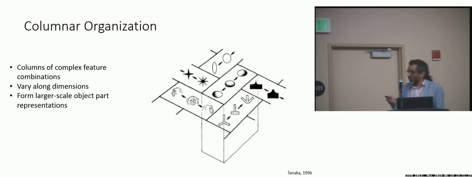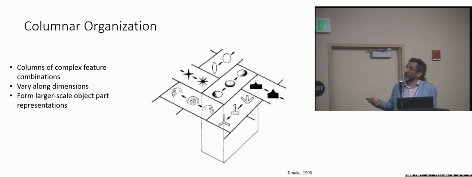We start off in IT Cortex with these columns. And a column represents an object. So in this case, it's a tri-armed object where each arm is equi-angled apart from each other. And so we've got a series of cells going all the way through that represent this type of object, and that forms a column. But the next organization is actually in the sense of a hypercolumn.